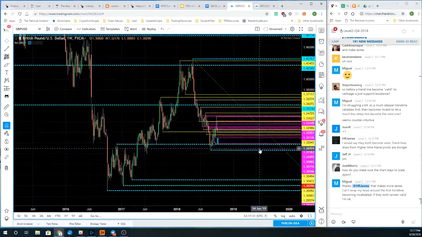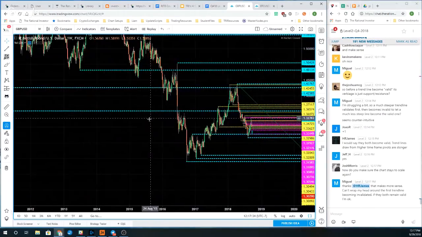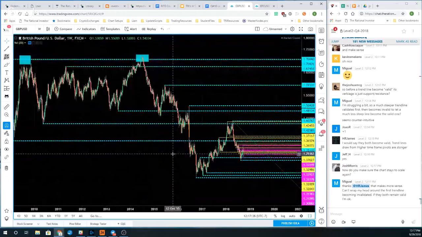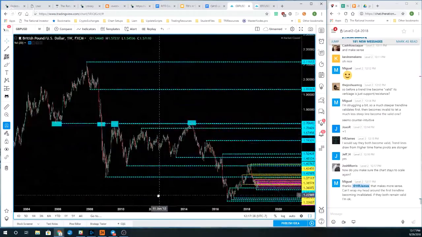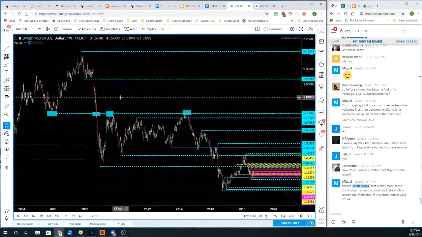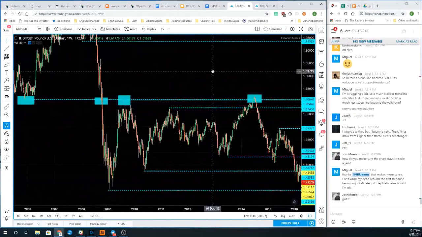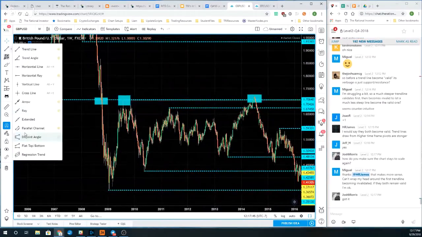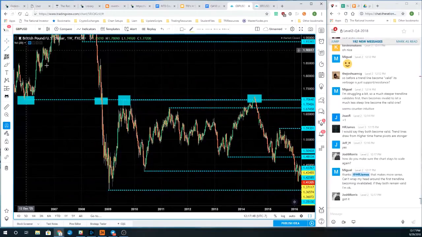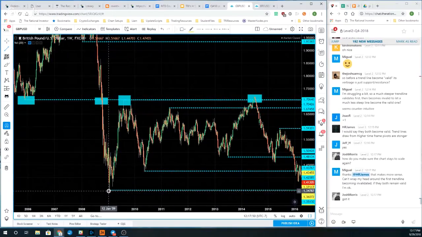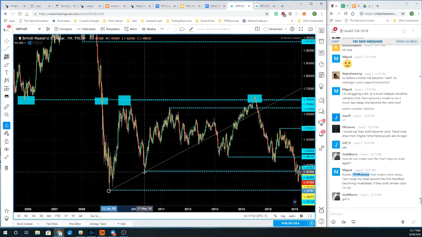All right, so let's see if we can give an example of a trend line being invalidated off of the British pound here. Here's a pretty good example. You can see that the market put in this structure, right?